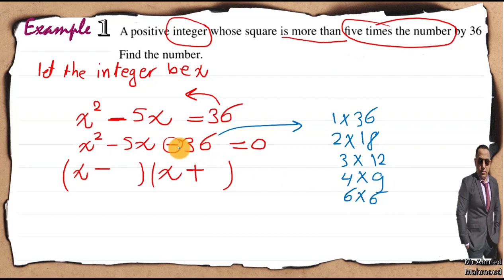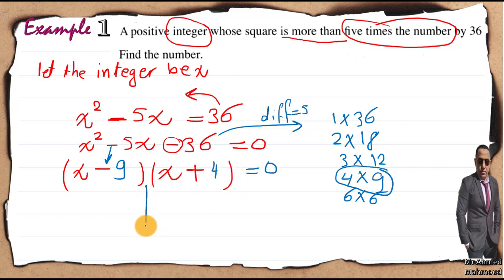I need two numbers whose difference equals 5, so I'm going to choose 9 and 4. Of course, 9, because it is greater, will go to the middle sign. The middle sign takes the bigger. So here 9 and here 4. Don't forget to write equal 0.